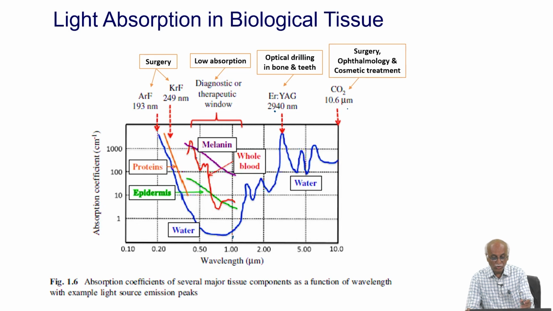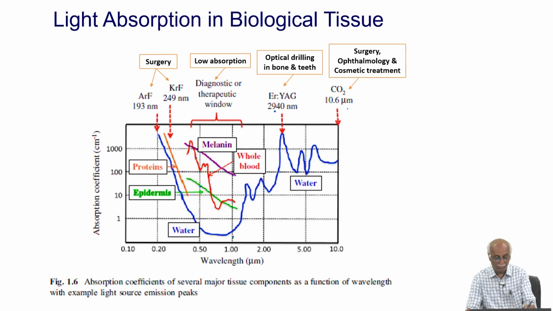I have given this picture, where the x axis is the wavelength and the y axis is the absorption coefficient, or basically it represents the extinction of light when it interacts with a particular constituent.